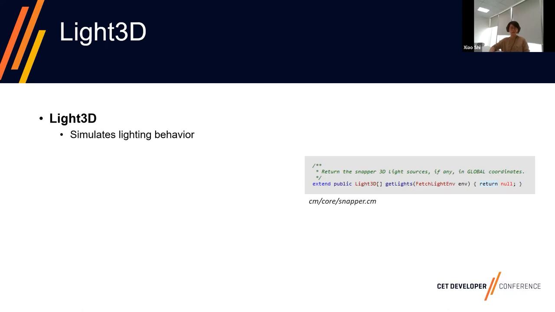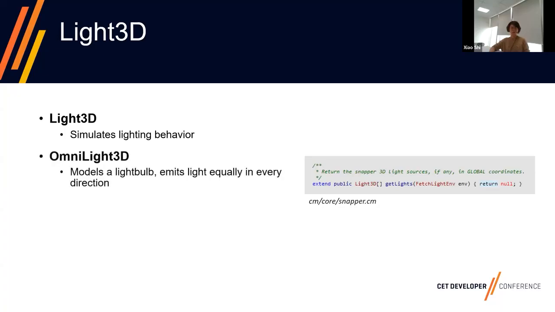Talking about Light3D, we have several types. I just briefly listed the ones you should be more interested in. This one is called OmniLight3D. It's just like a point that emits light equally in every direction. You can imagine a light bulb in real life, which is basically the same behavior.